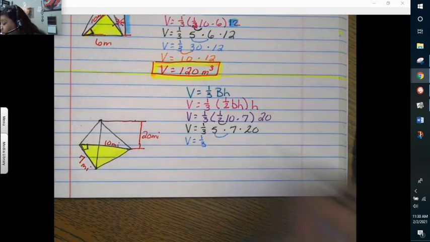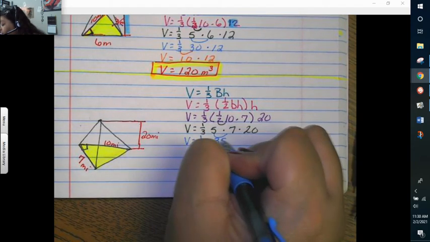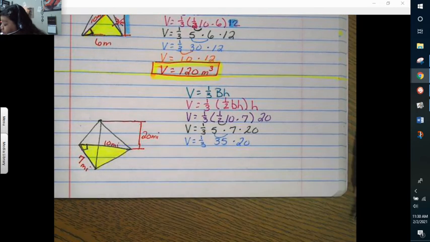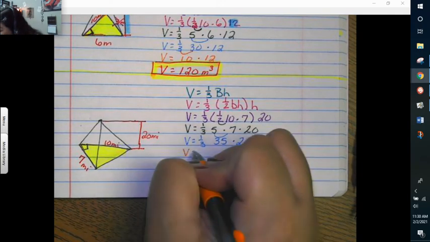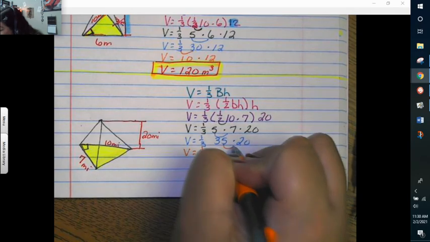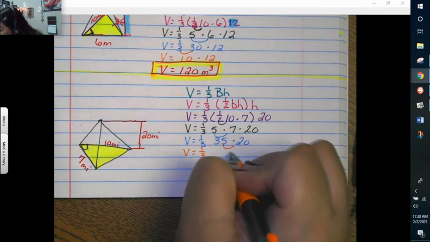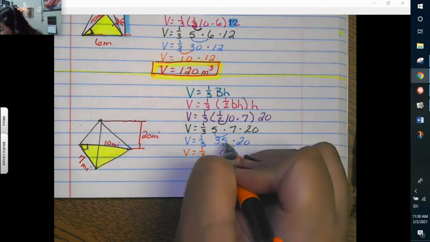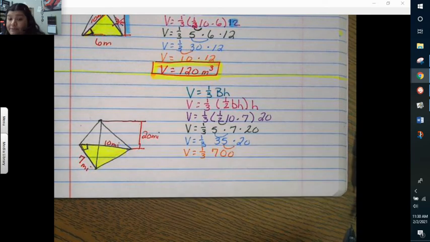And I'm going to do 5 times 7. That gives me 35 times 20. 35 cannot be divided by 3 evenly, so I'm going to go ahead and multiply. So 35 times 20 is 700.